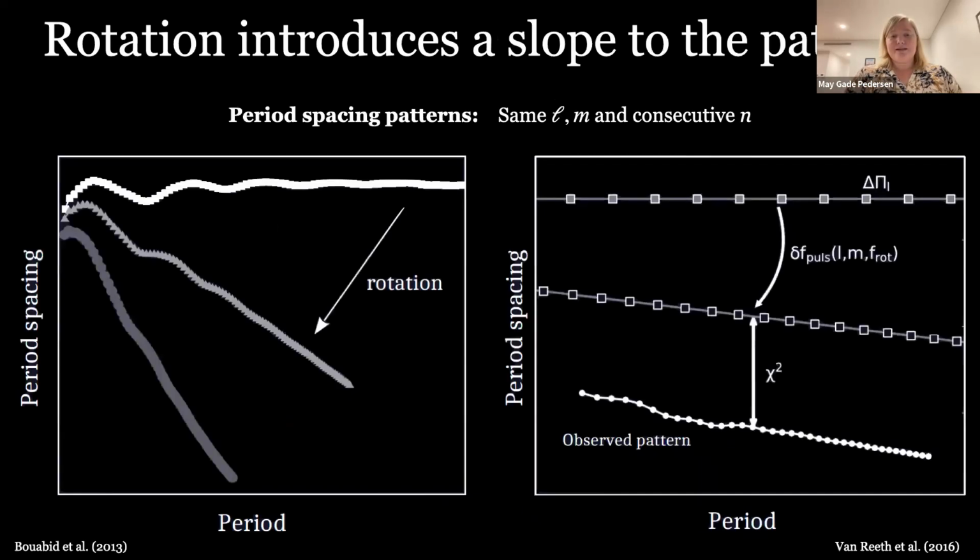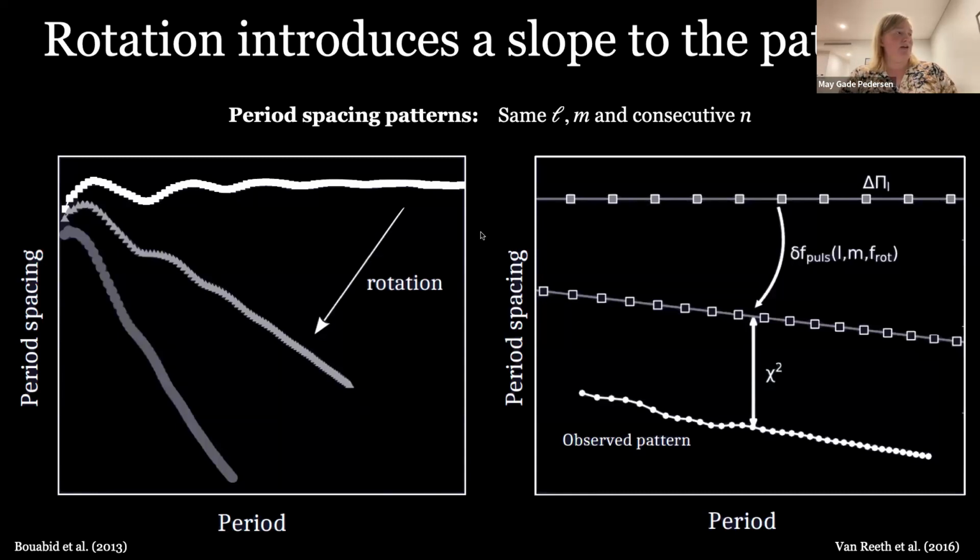As soon as we have rotation happening in the star, the rotation introduces a slope to these period spacing patterns that depends on how fast the star is rotating. The idea here is generally that modes that travel in the direction of the rotation take less time to move around the star, contrary to modes moving in the opposite direction.